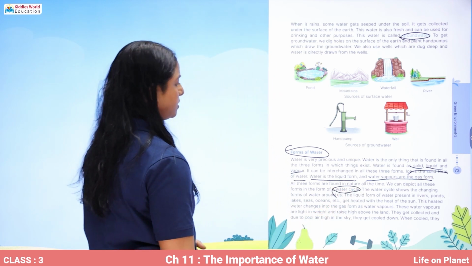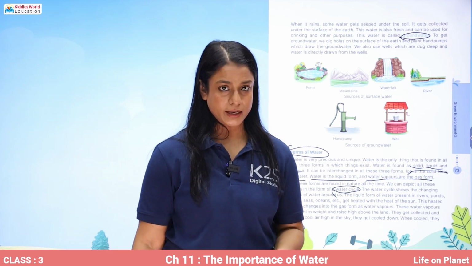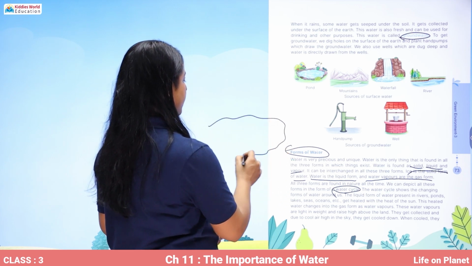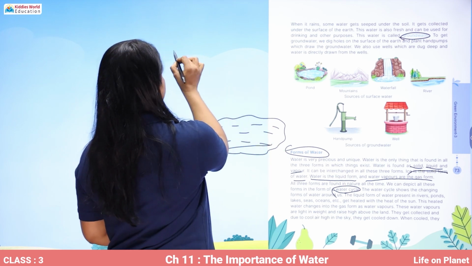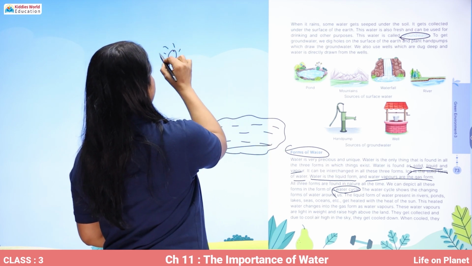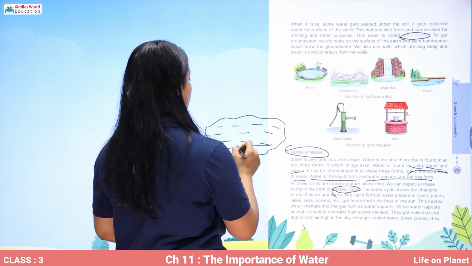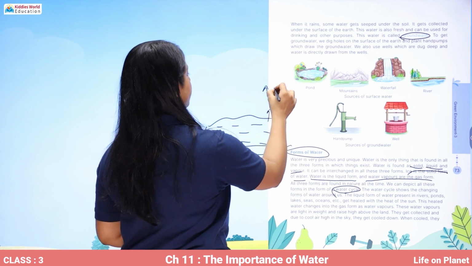Now, what happens? I'll just explain in short and then we can continue reading. Water is present in ponds, lakes, rivers, etc. That's the fresh water. Then due to the heat and light of the sun, the water from the water bodies gets evaporated.